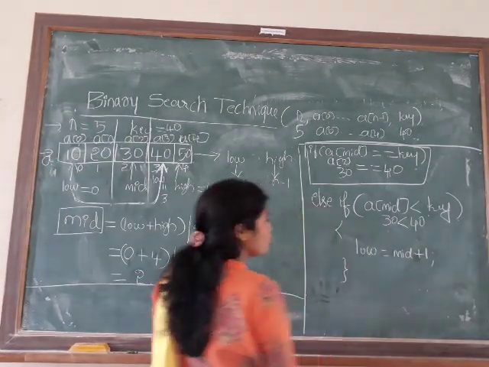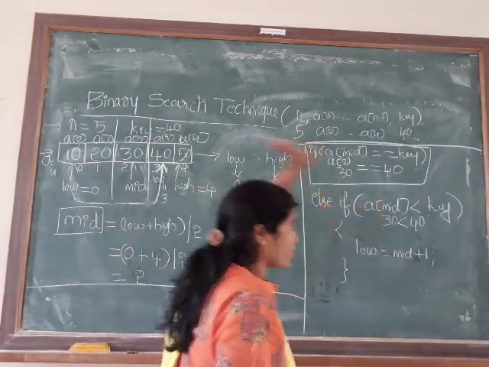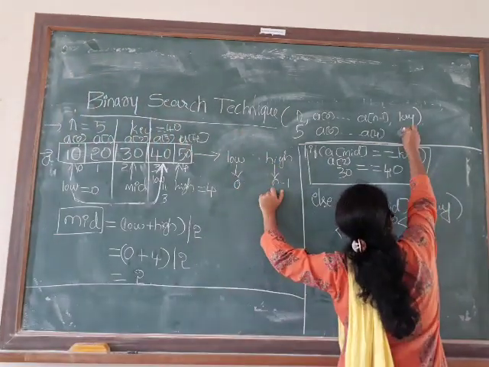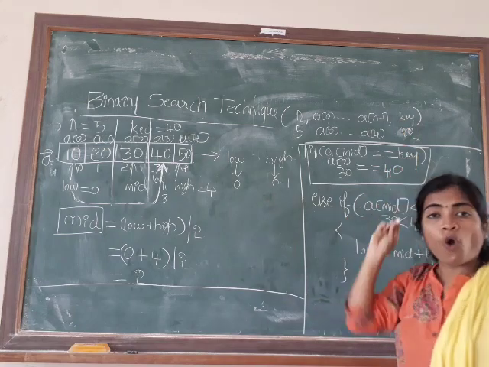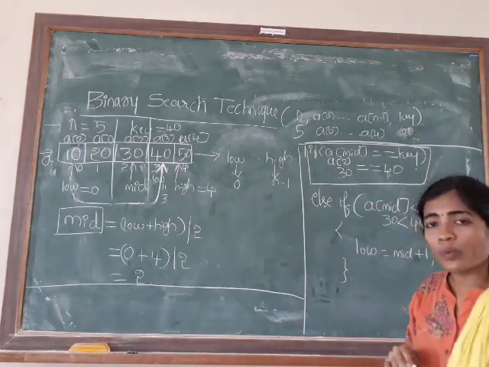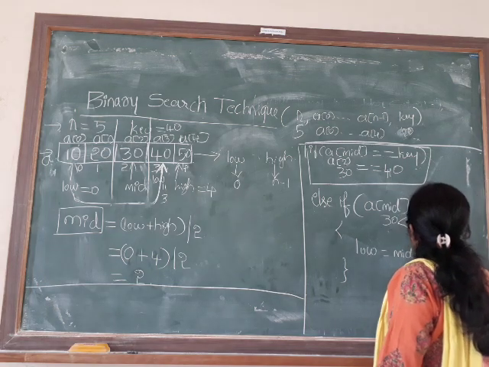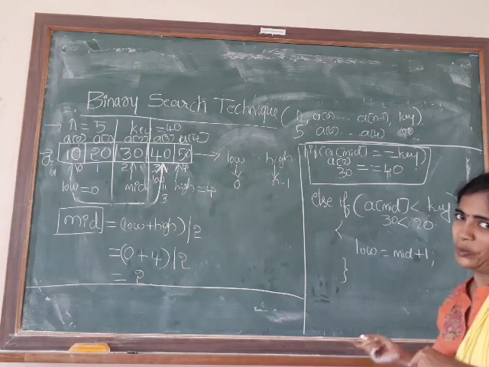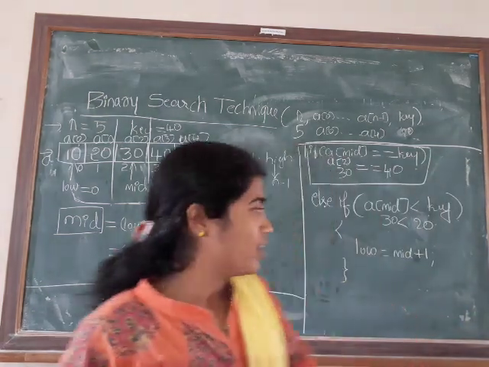Assume even this is false. Assume my key to be searched is 20. See, I am telling all possibilities. With this, is 30 less than 20 true? No, it is false.